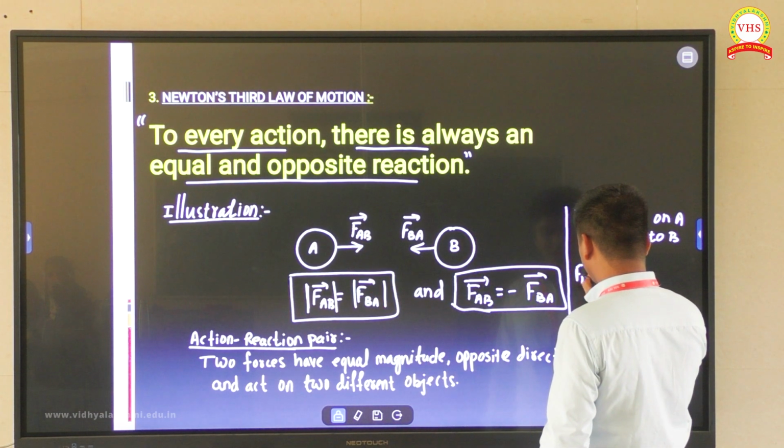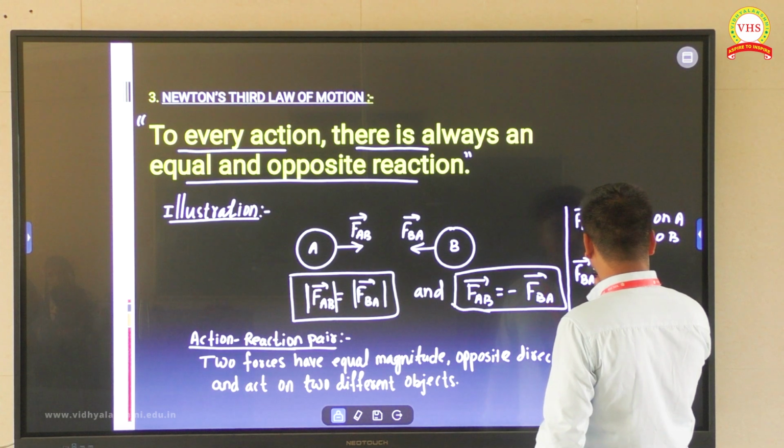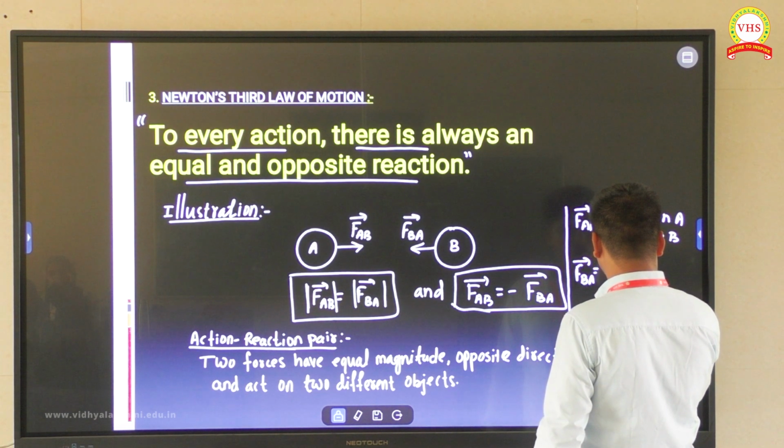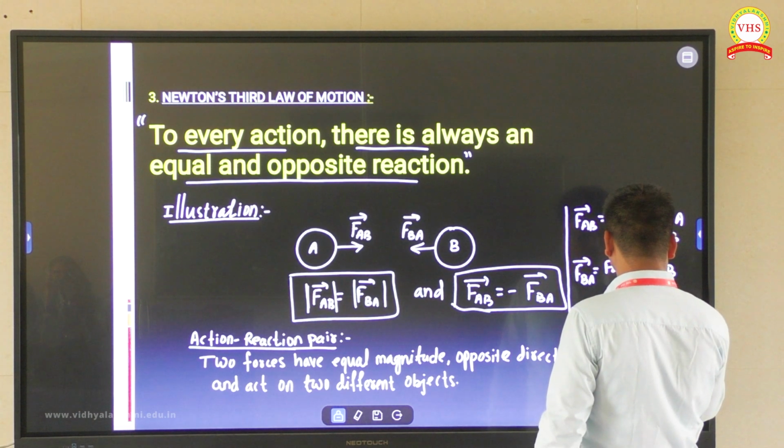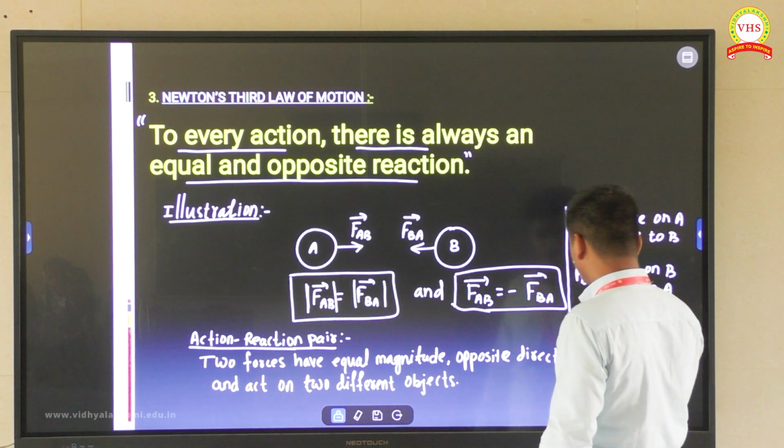Similarly, FBA is the force acting on B due to A. So these two things you remember.